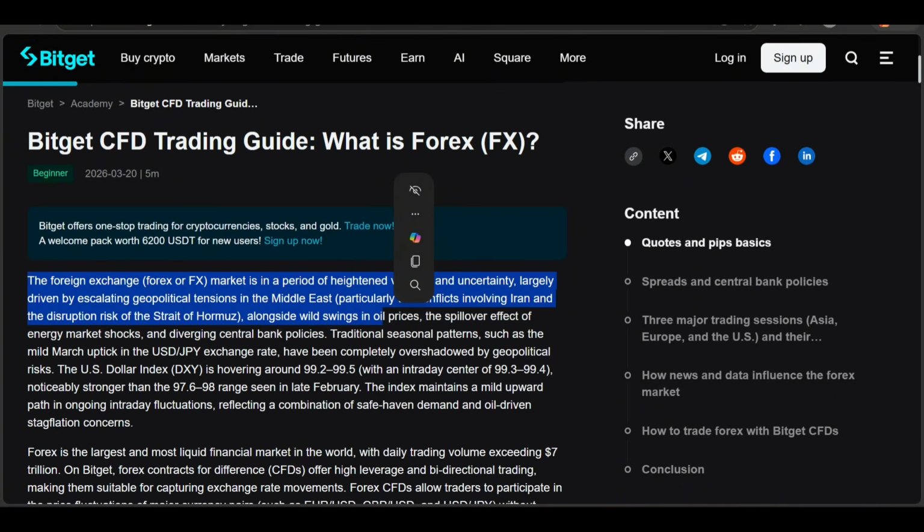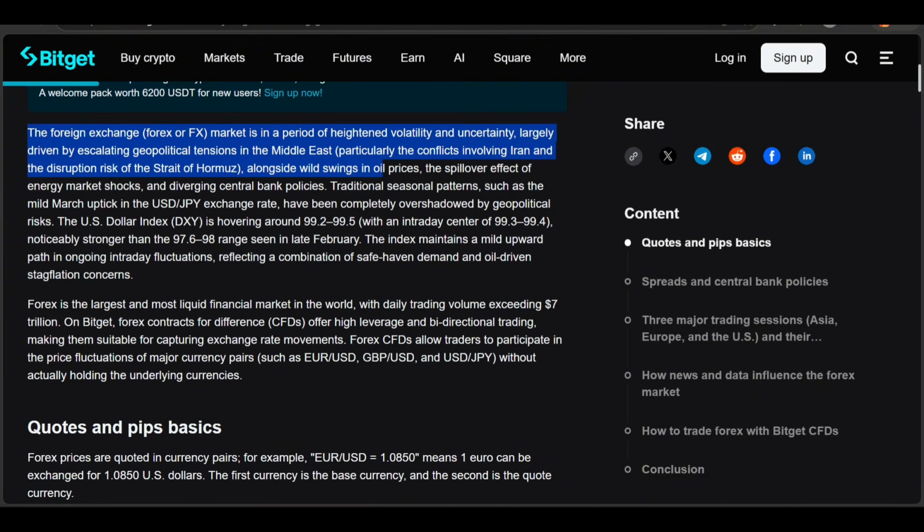This index maintains a mild upward path with ongoing intraday fluctuation, reflecting a combination of safe haven demand and oil-driven stagflation concerns.